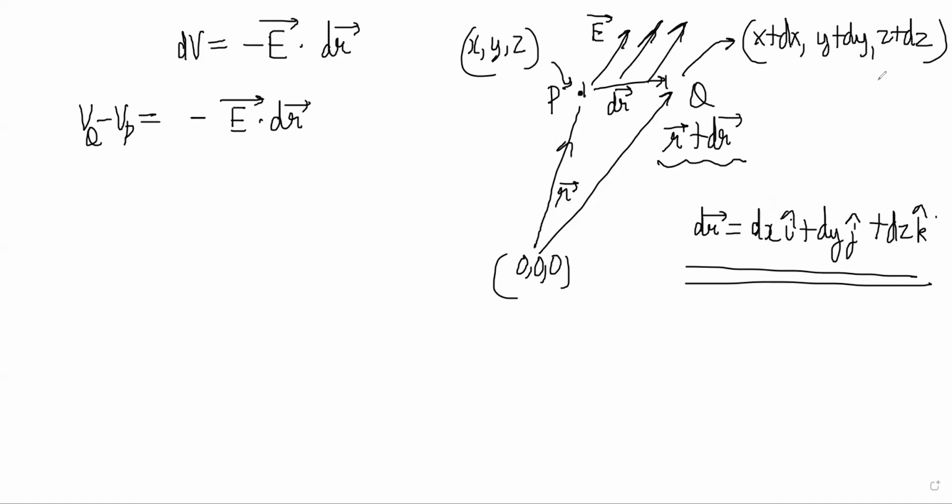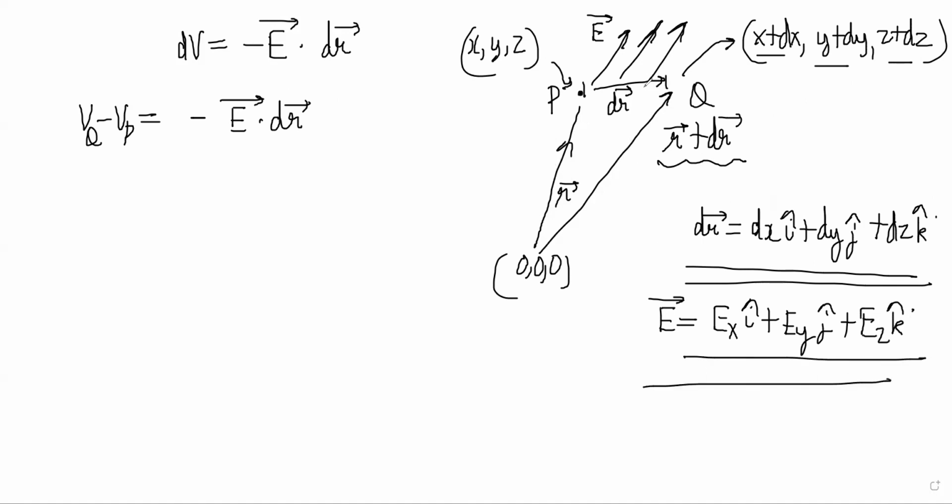This vector is (x plus dx) i cap, (y plus dy) j cap, (z plus dz) k cap, minus this one. That will be your dr. And the E, in general, the unknown field, can be written as Ex i cap plus Ey j cap plus Ez k cap. This is the E at point P, which we are assuming will be the same at point Q because they are very close to each other.